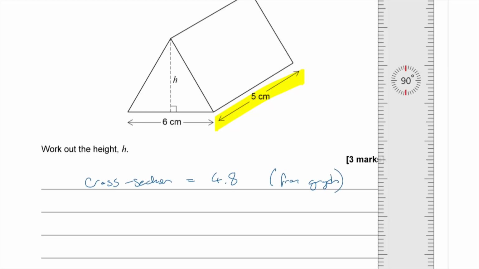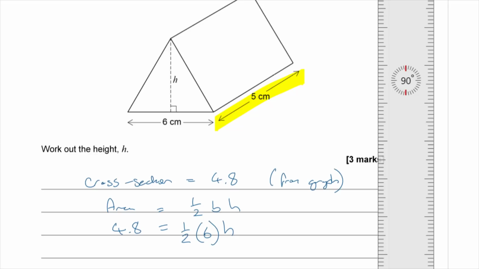then I know that the area of a triangle is going to be half base times height, and in this case the cross section is the area, so that's going to be a half times the baseline, which is 6, times the height of the triangle that I'm looking to find. So what can I do here? I can multiply these.